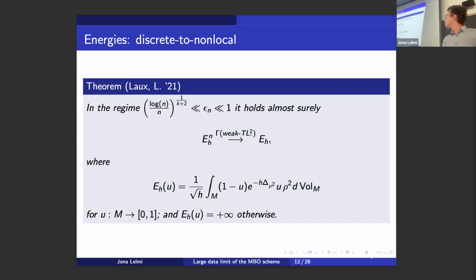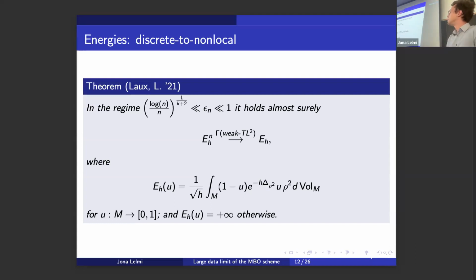Let me pause. We'll see in a moment what this weak TL2 means, but let's look at the limiting energy. The limiting energy is the heat content on the manifold. You see here, we have an integral on the manifold with respect to the measure rho squared times the volume form, and here we are integrating 1 minus u and the diffusion of u through the heat operator associated to the continuum Laplacian that we have seen before.